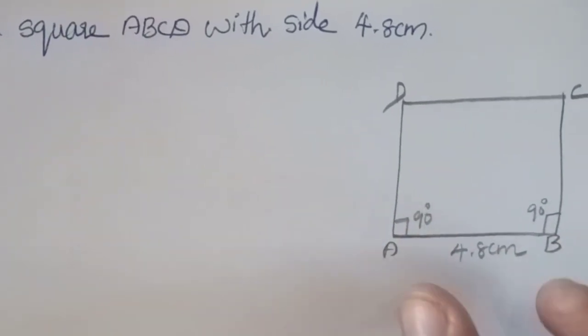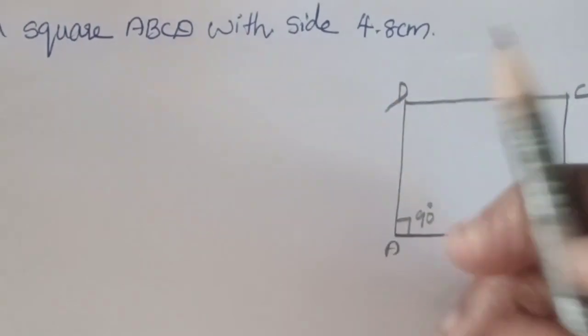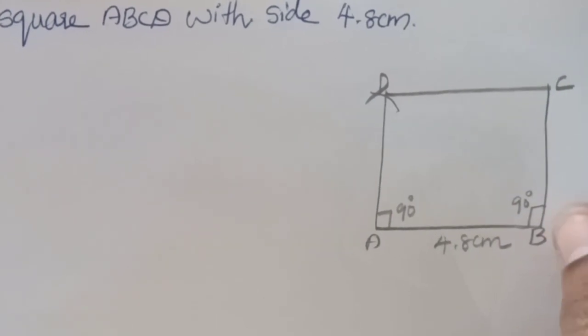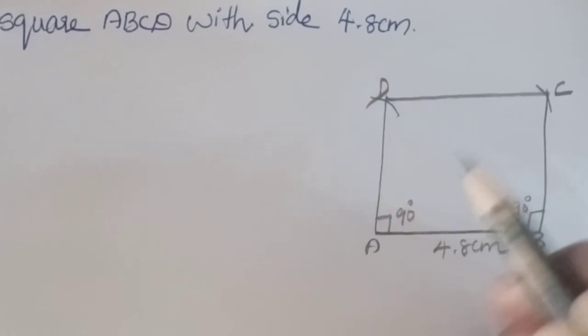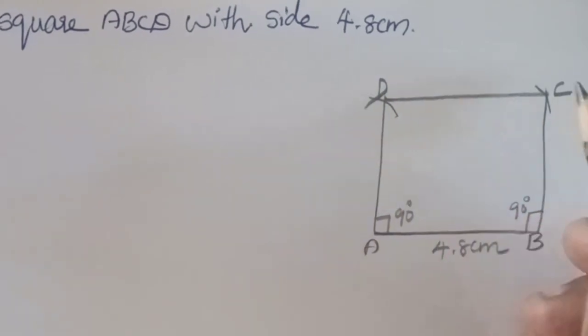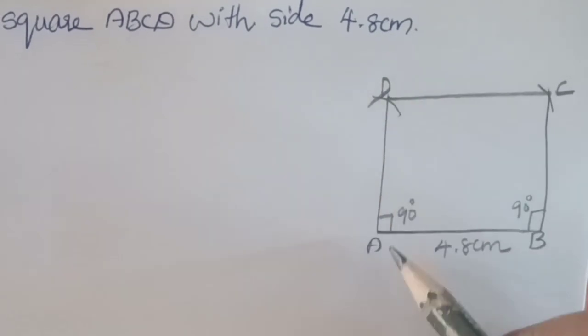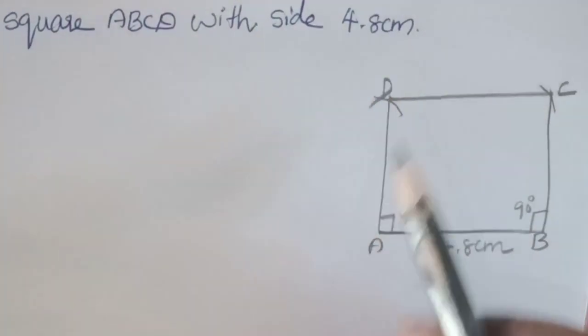So, taking 4.8 centimeter radius with A as center, draw an arc. The same radius with B as center, draw another arc. Mark the points C and D. Then join AD, DC and BC. We get the square ABCD.